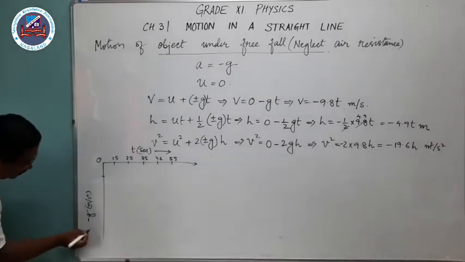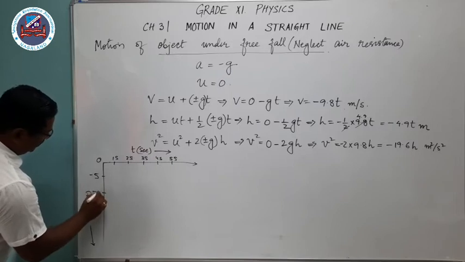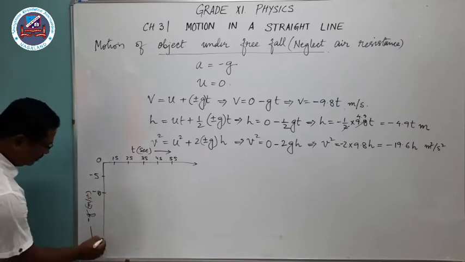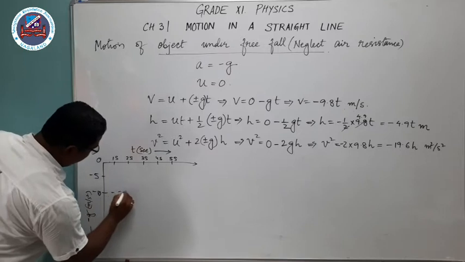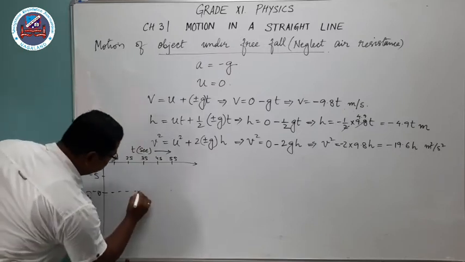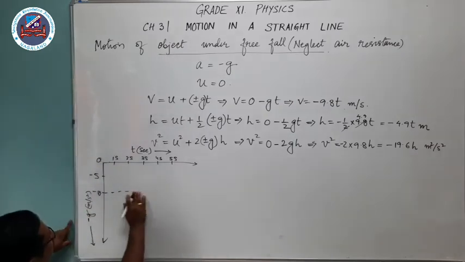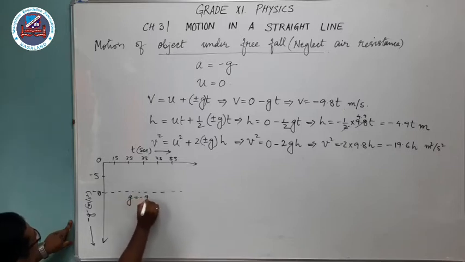This is negative of g, then minus 5, minus 10, then you know that the value of g is nearly equal to 10. This will show the variation of acceleration due to gravity with time. G value is minus 9.8 meter per second square.